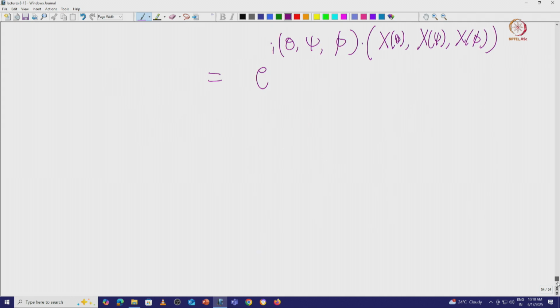So that is equivalent to e to the power i times theta times x of theta plus psi times x of psi plus phi times x of phi.